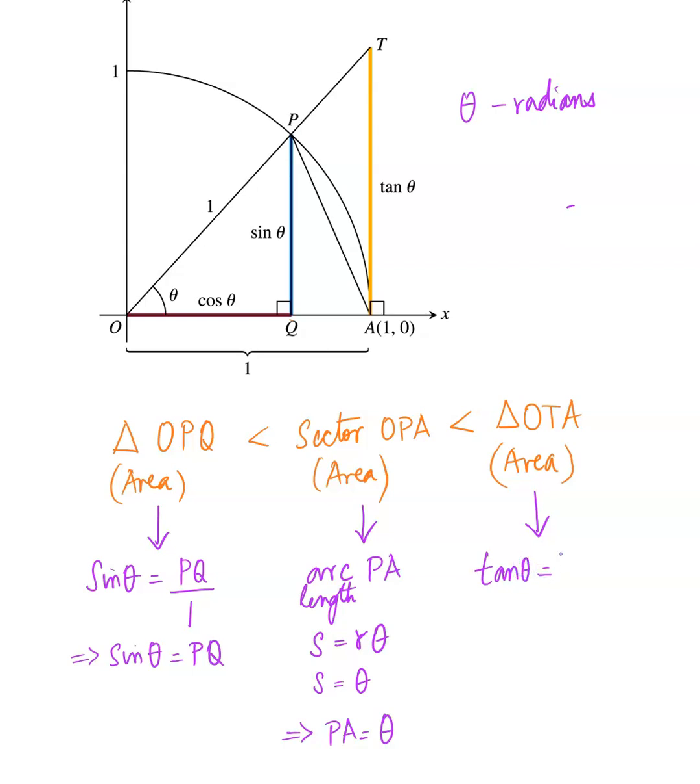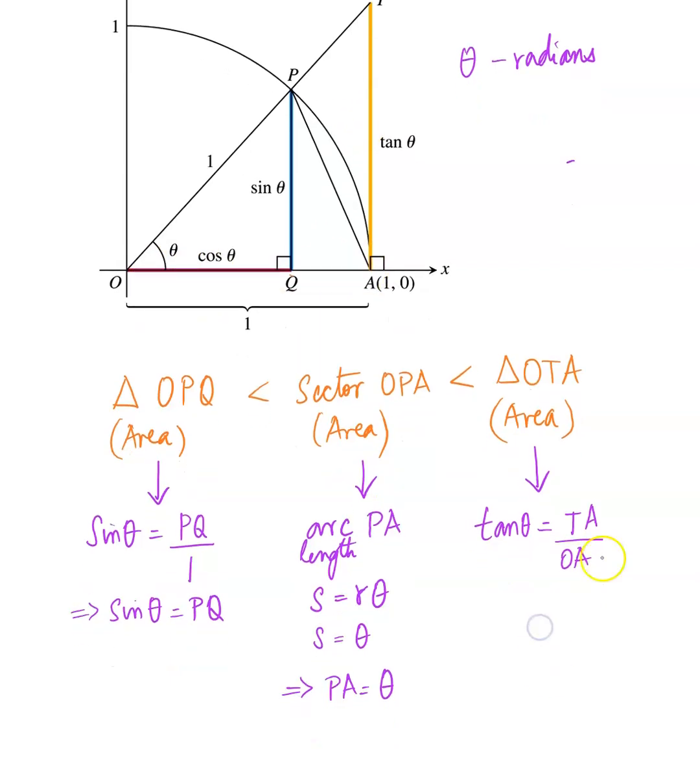Tan theta is opposite over adjacent, right? So opposite is TA over adjacent is OA. You can see that OA would be the radius of that circle because A touches the circle. So OA would be 1, which implies tan theta itself is equal to TA.